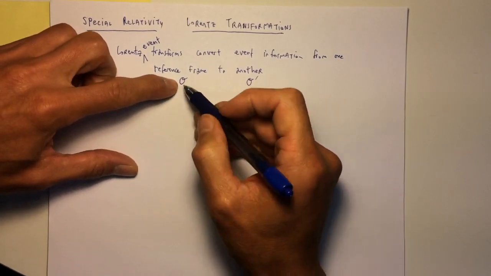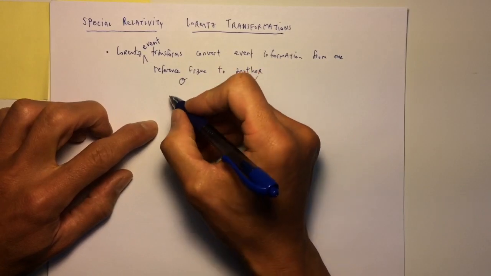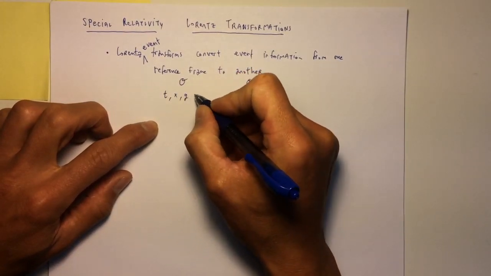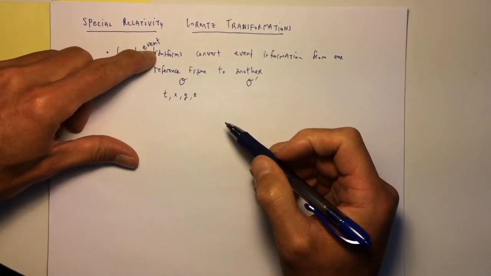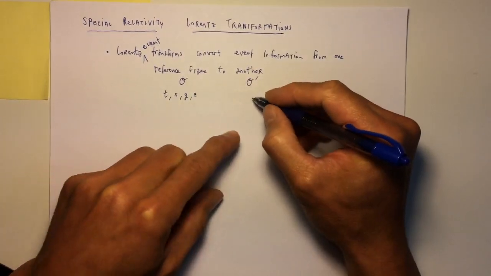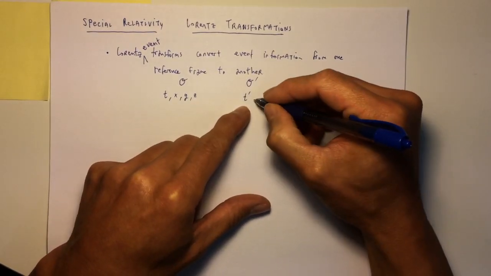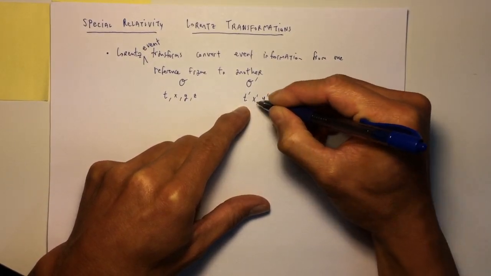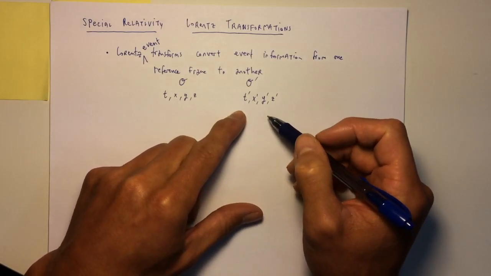So we'll say that observation frame O might see an event whose space-time coordinate could be t, x, y, and z. And what the Lorentz event transform does is it will take this event information and give us a prediction for what O prime will assign as space-time coordinates for the very same event.